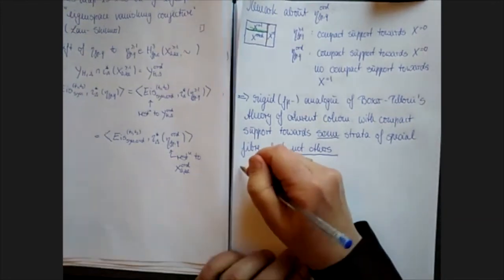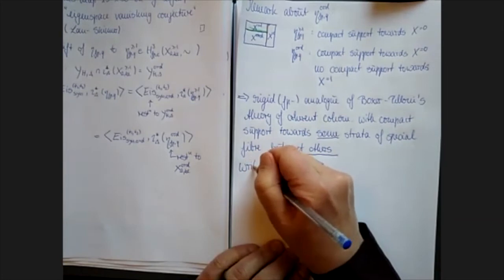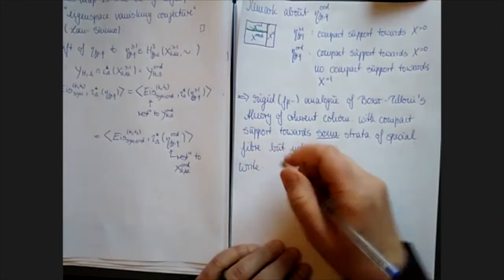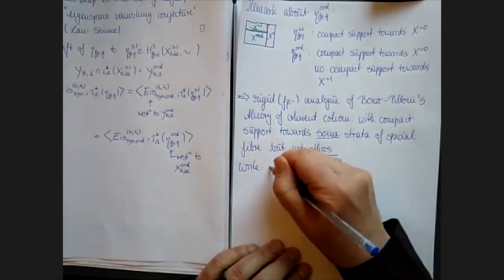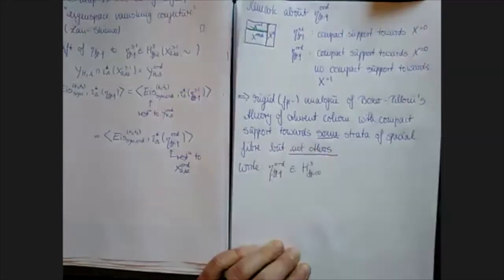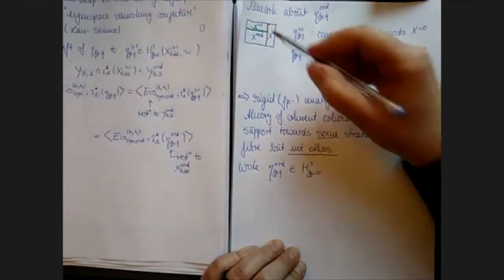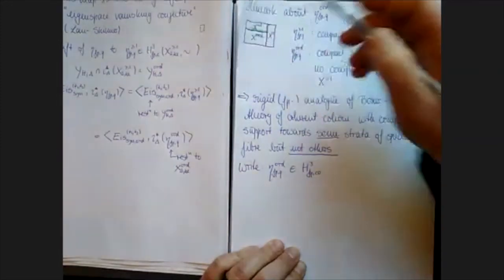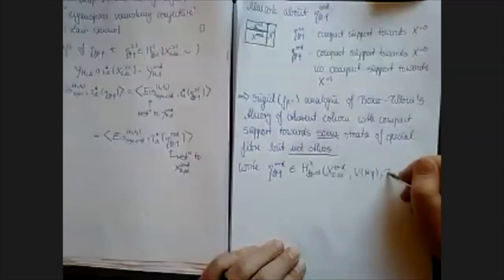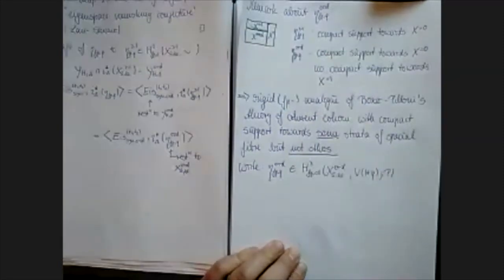Okay, so we now write that this element, eta odd, is an element of the H3 FP-C0. So C0 means that it has compact support towards the x equal to 0 stratum, of X_G Klingen odd, with values in our sheaf and with respect to this polynomial p.